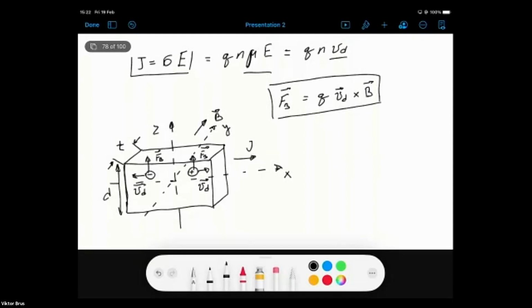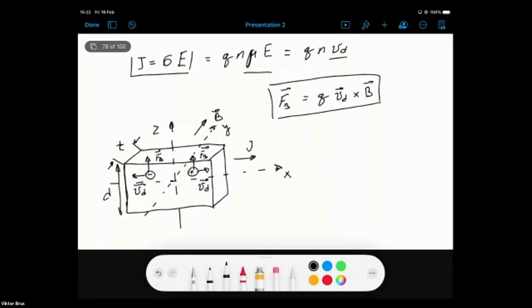Let's call electrons negative charges, and in the field of semiconductors it is accepted to use the term hole for positive charges, which is kind of an absence of an electron, considered as a positive charge carrier. So electrons are negative charge carriers and holes are positive charge carriers. Both of these charge carriers are deflected in the same direction, to the same edge of the semiconductor or conductor. This we should keep in mind.